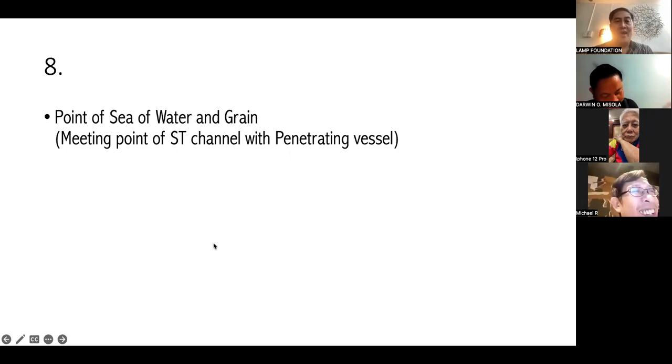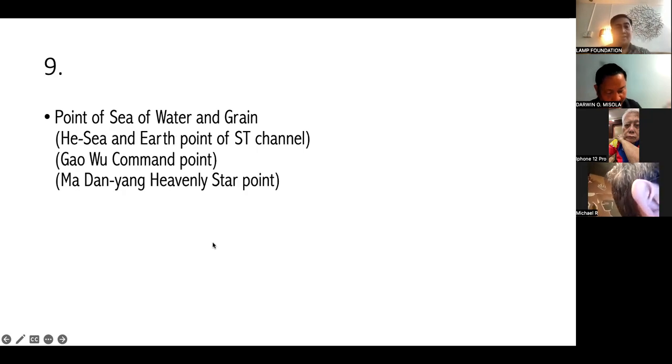Okay, next. Number 8. Point of sea of water and grain. Upper stomach 30 and the lower stomach 36. Point of stomach channel with the chong of penetrating vessels. Stomach 30. Yeah. Stomach 30 po. Number 9, point of sea of water and grain. The lower he-sea point of the stomach channel, your very favorite point.